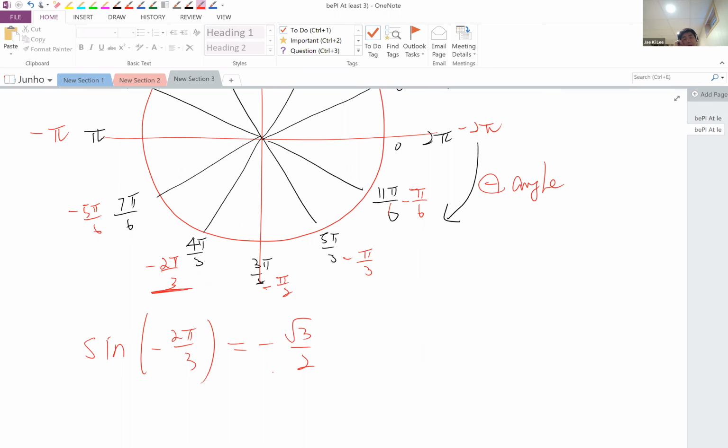So I'm asking sine of negative 2 pi over 3. Then you need to find which angle represents negative 2 pi over 3, which is here. That's why the answer becomes negative root 3 over 2.